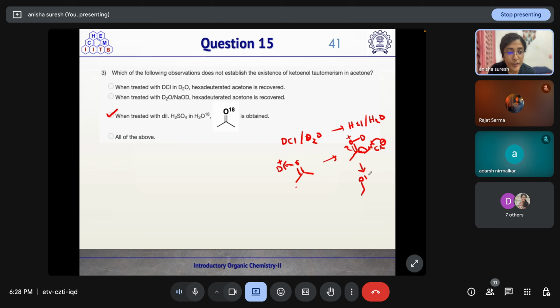Here in case of enol, instead of OH, it is OD, since the medium is deuterated. Now, once this goes to ketone form, in the medium DCl, D2O, D3O plus will be present, similar to H3O plus. So it will get deuterated.